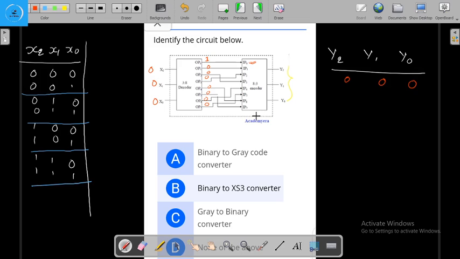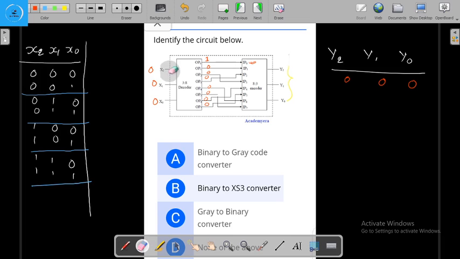What is an encoder? It converts any number system into the binary number system. And what is a decoder? It converts any binary number system to any other number system. We have studied all these things in our theory classes, right? So for 0 0 0 we are getting 0 0 0 as the output.